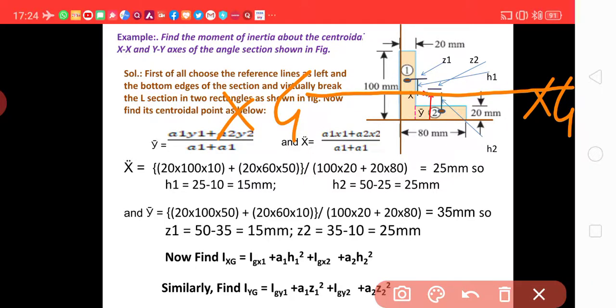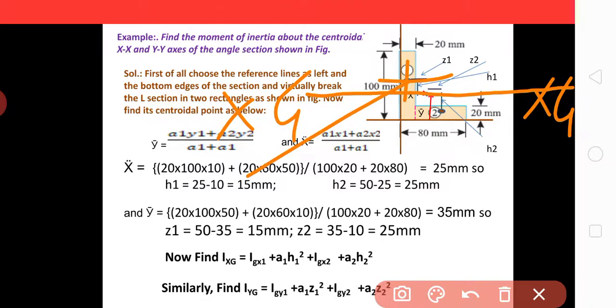Igy1 is the centroidal moment of inertia of lamina 1 about this axis here, about y.